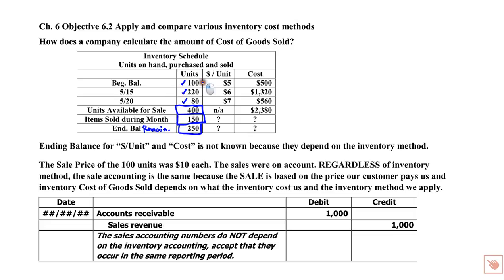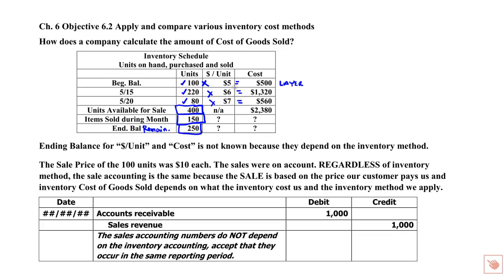The first layer, this 100, is at $5 a piece. So the first layer, the beginning balance, we call these inventory layers, is 500. The second one is 1,320. And the third layer is $560. So you may notice we have these moving prices. If the prices were all the same, it really wouldn't matter very much.